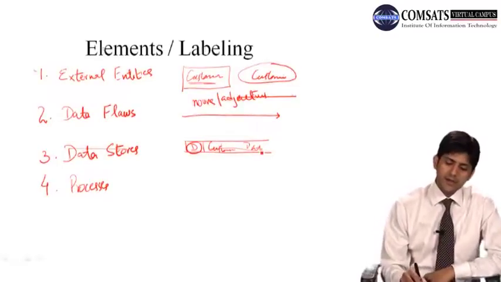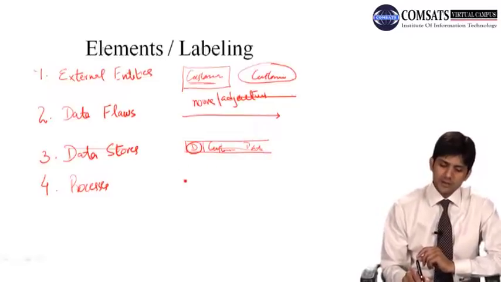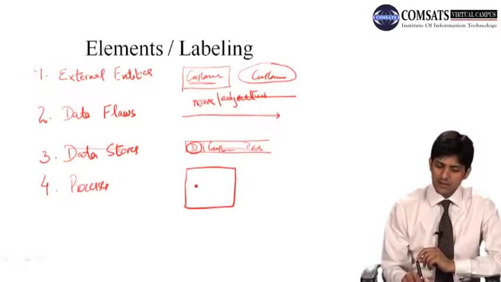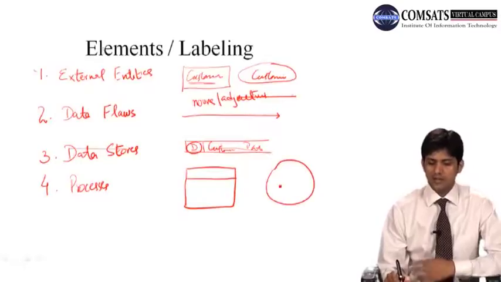Then finally we have processes. There are two ways of showing the processes that have been followed in different examples. One way is that we draw a rounded shape and write the name of the process, or we can have a circle and write the name of the process here.